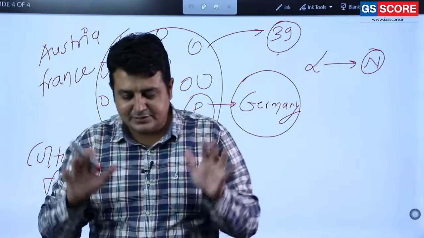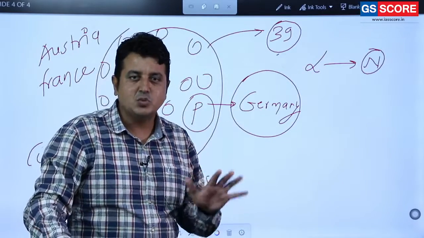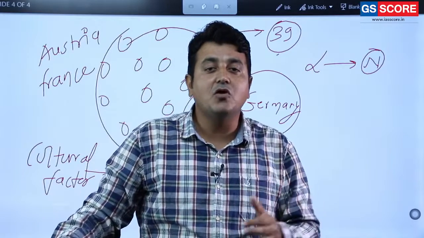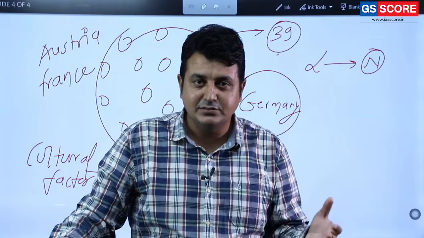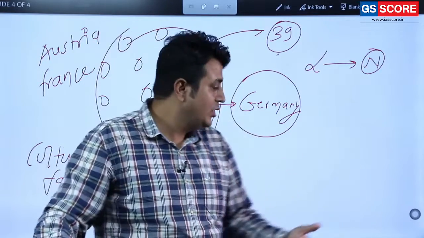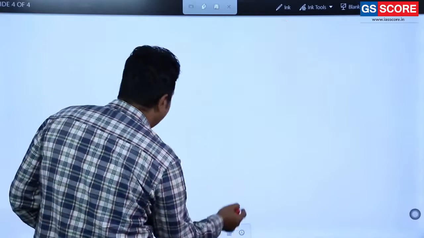Now the Metternich system was suppressive, repressive, conservative and all, but at the same time, it was a period of industrialization. As industrialization began in Britain, it grew everywhere.